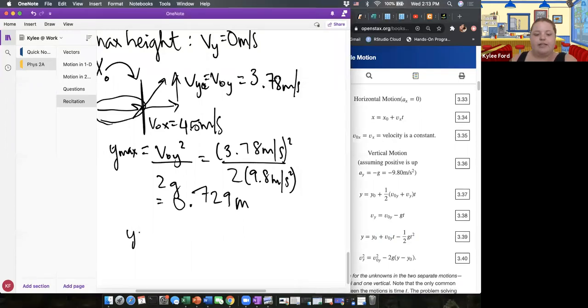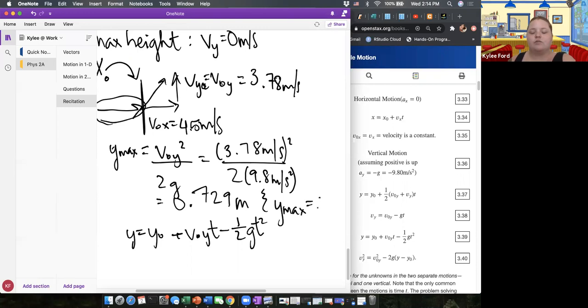Okay, so y equals y naught plus v naught y times t minus 1/2 gt squared. Okay, our y is going to be our y max. So I'm going to plug in our original number, which is y equals 0.73 meters. We have that number. Our y naught is 0 meters because I claimed that in the beginning.